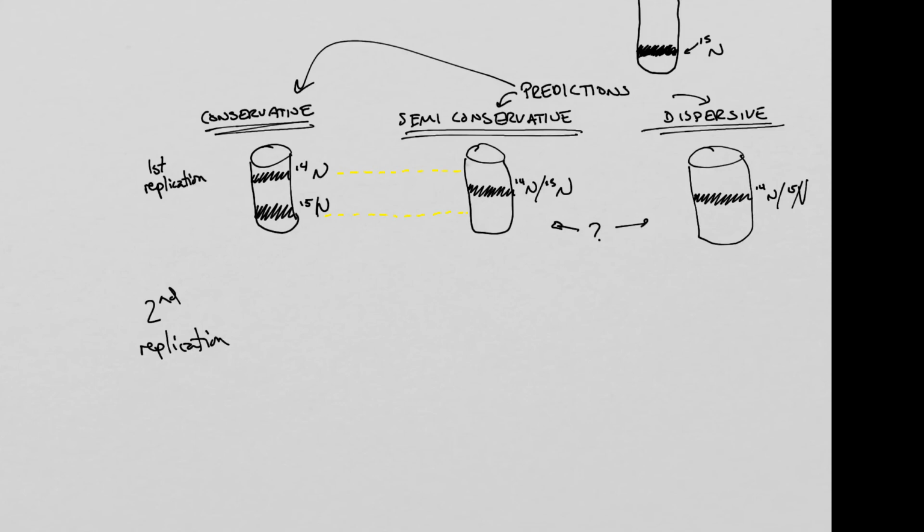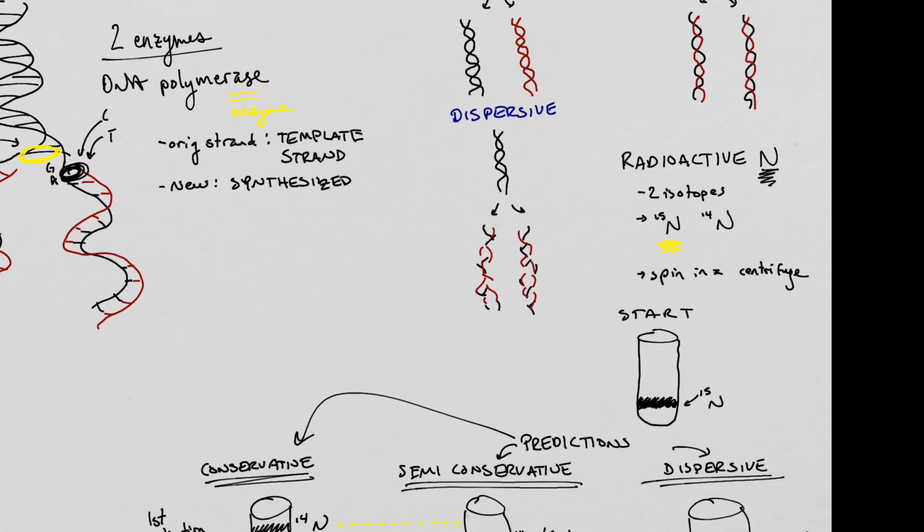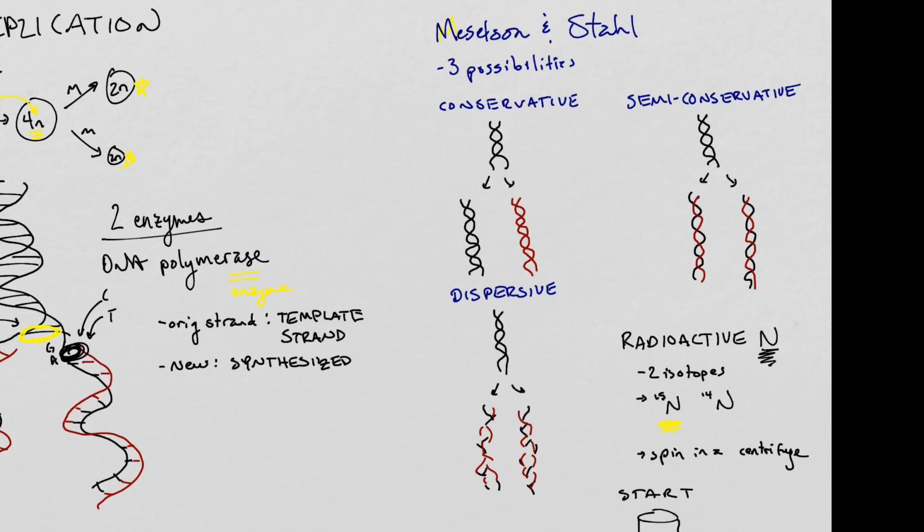So, let's think logically what's going to happen here. If the original DNA strand stays the same, and the new one is using our lighter nitrogen 14, well, what we should see is our original one staying there. But all of our new DNA being made will be nitrogen 14 DNA. So when this one here splits, it's going to be made with all of our new nitrogen 14 stuff.